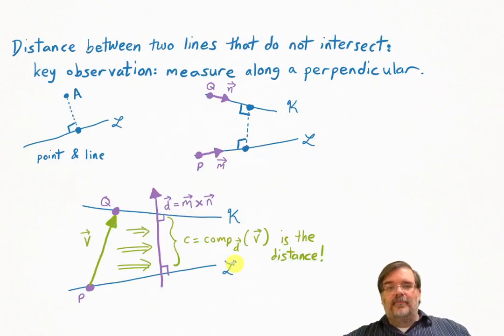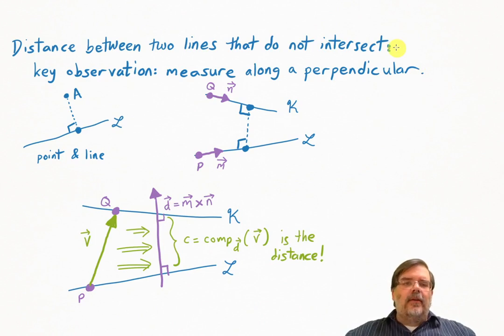Excellent. Now, again, even if they don't intersect, you can still keep doing math. In this case, we'd like to find the distance between two lines that do not intersect. Now, in order to understand this, the calculation actually isn't very hard, but it's important to understand why it works.